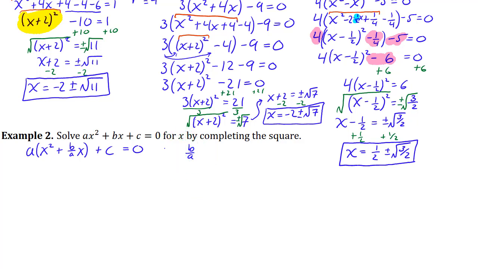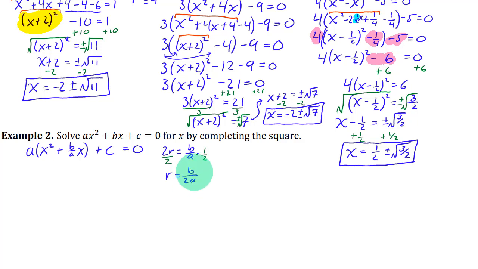So we have 2R is B over A. So if you want to divide both sides by 2, you'd get R is, well, remember that dividing by 2 is the same as multiplying by 1/2. So that would give you B times 1 over 2 times A in the bottom. So R is B over 2A.